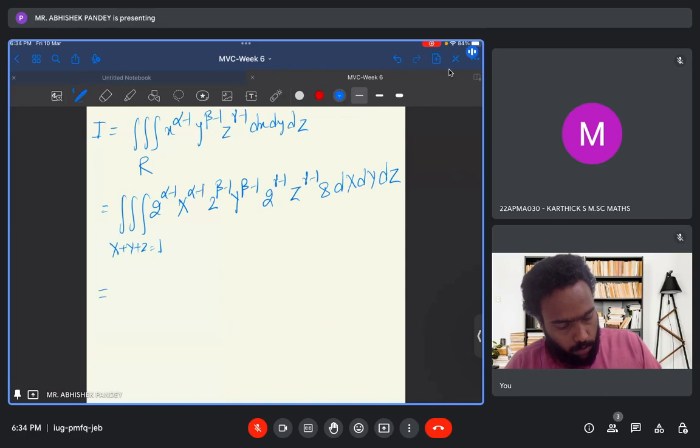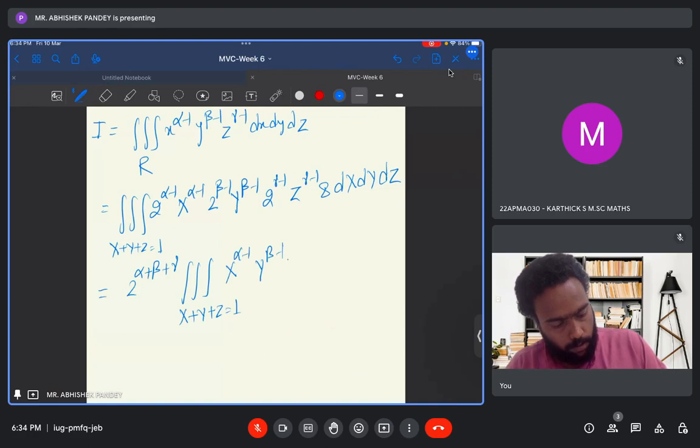So this will be 2 to the power alpha plus beta plus gamma, and this 2 to the power minus 3 will be cancelled out by 8. So this is x plus y plus z equal to 1, x to the power alpha minus 1, y to the power beta minus 1, z to the power gamma minus 1, dx dy dz.